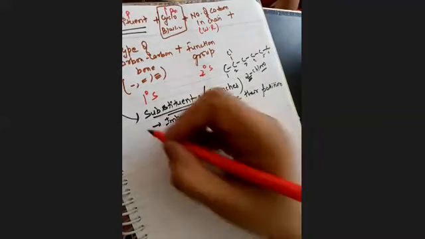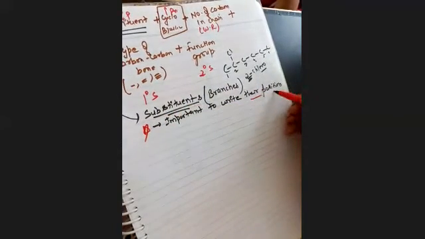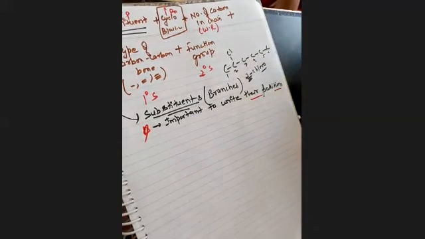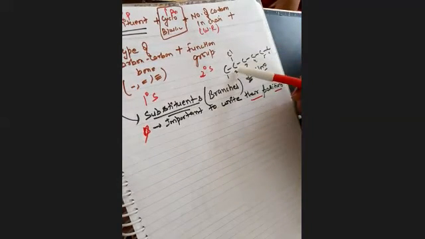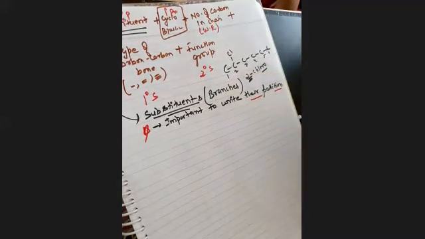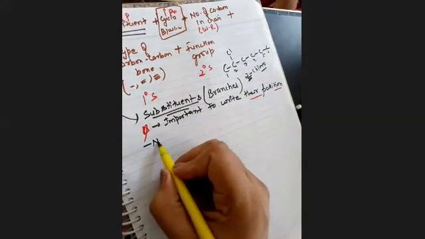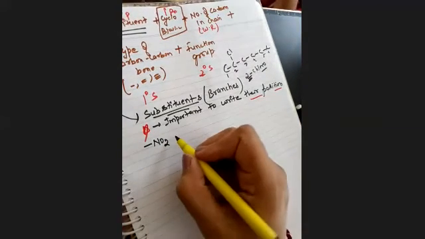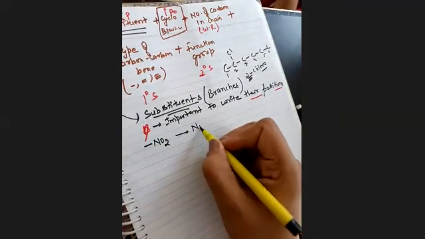It is very much important, note this down, to write the position when we talk about the branches. हमें कैसे पता चलेगा कि कौन से कार्बन पे branch है? We will come to know only by writing the position. Clear? Okay. So your substituent can be, for example, if your substituent is NO2, the name will be nitro.